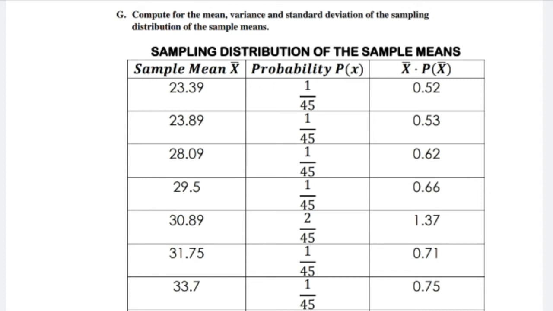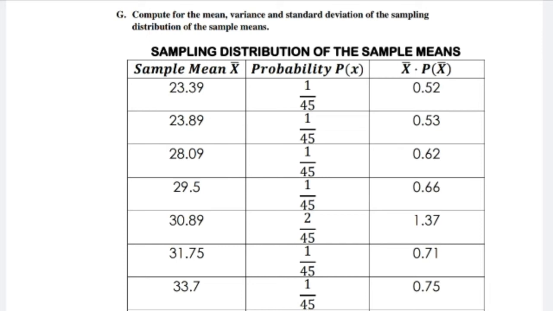So, example ay ito. 23.39 times 1/45 is equals to 0.52. So, lagi po 2 decimal places. Next is 23.89 times 1/45 is equals to 0.53. 28.09 times 1/45 is equals to 0.62. 29.5 times 1/45 is equals to 0.66. 30.89 times 2/45 is equals to 1.37.